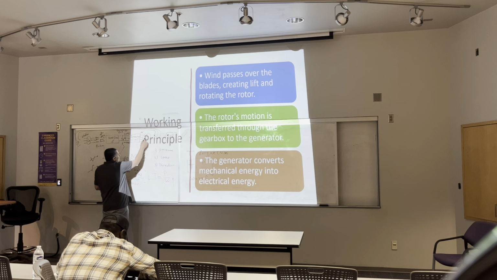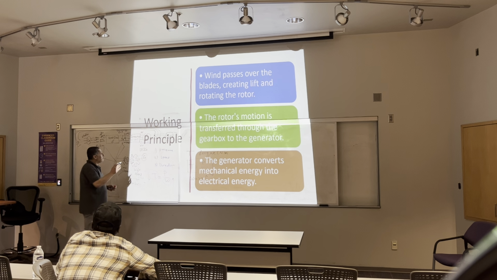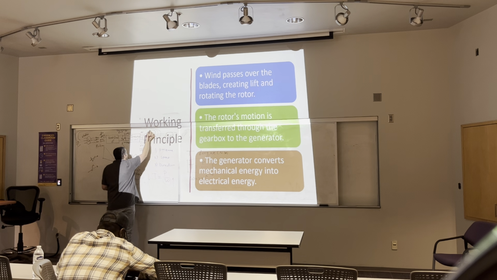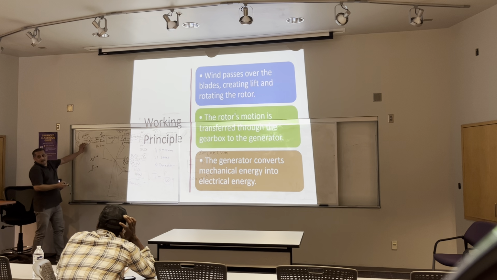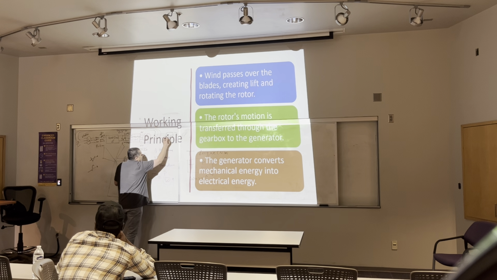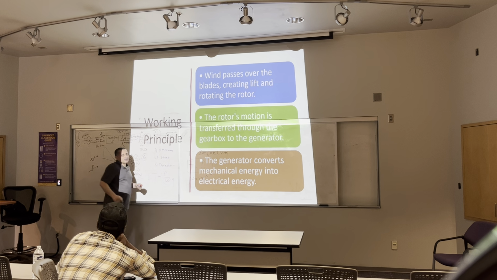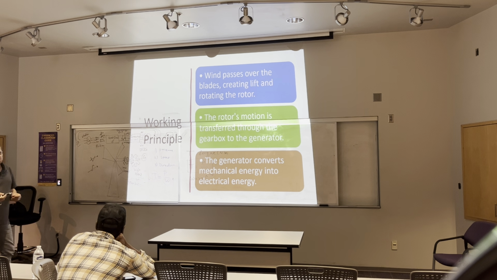Then the output of the inverter will connect to the transformer. Part of the output of the transformer returns to the input of the generator as feedback, and another part goes to the grid, to the national grid, or to the microgrid. Okay?